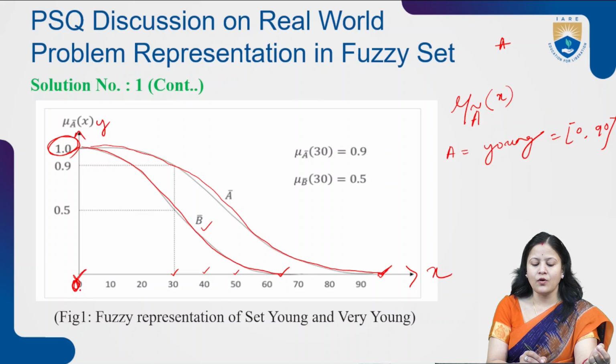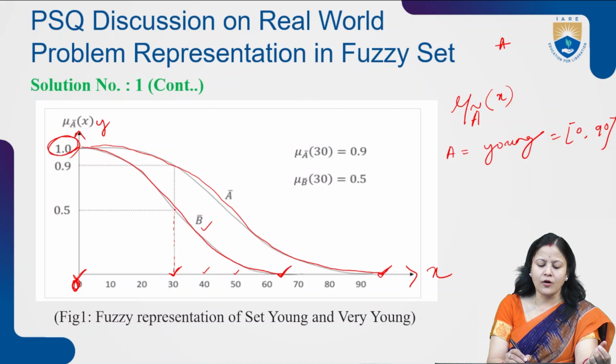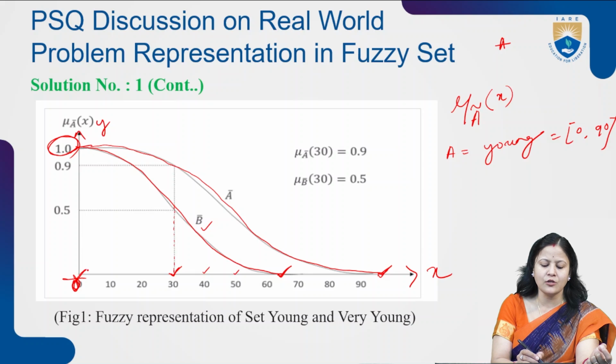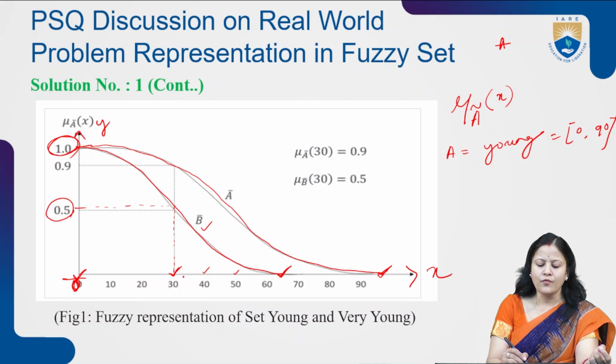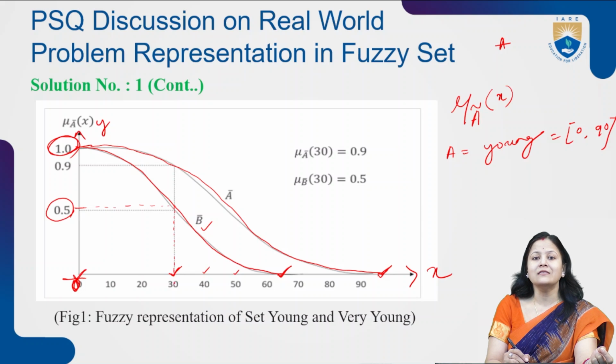At the age of 0, membership is 1; at the age of 60, membership is 0. Now, if you consider the middle age between 0 to 60, which is 30 years, and plot this line, you will get almost half, between 1 and 0. This is the middle point, and this is the membership value when the age of the person is 30.